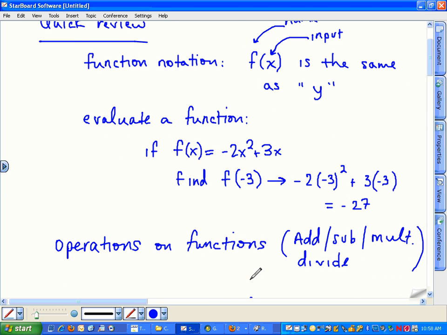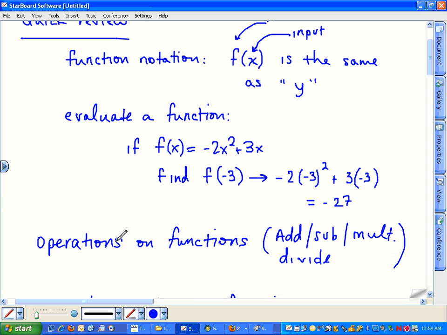Now, this is what we're learning today: operations, add, subtract, multiply, divide. It is so easy, you guys. Function operations, pretty easy stuff.